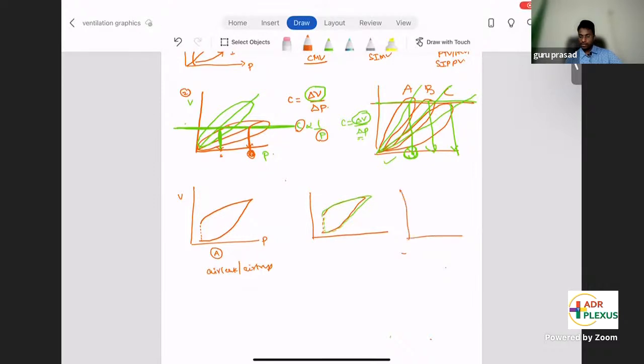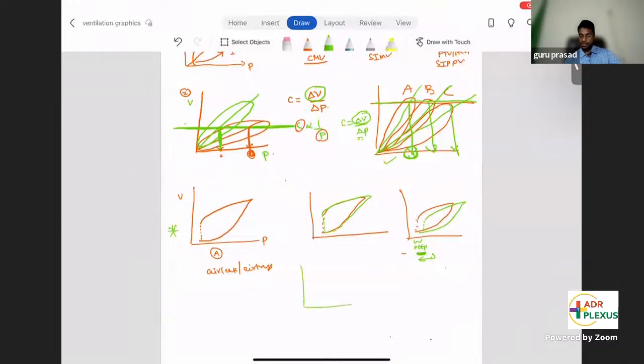But if this is your first breath and in the second breath you are having it like this, that means you are having additional PEEP. This is air trapping, which is generating auto PEEP. So if the waves are moving away, you can tell the graph is like that because of auto PEEP generation. Otherwise, if I give only this single graph, you cannot tell whether it is air leak or air trap. So this can be confusing. In the volume pressure loop, if it is not reaching the baseline, it can be air leak or air trap.